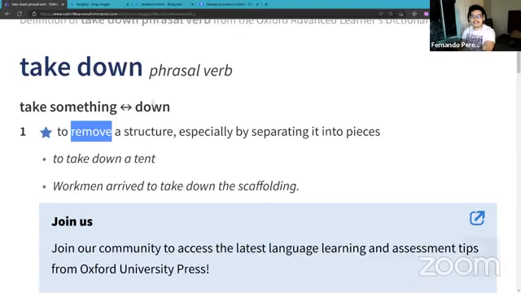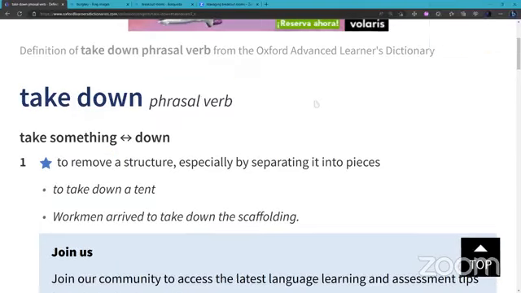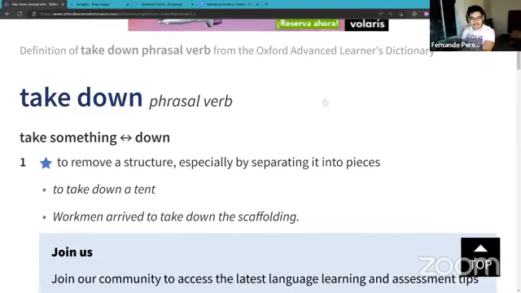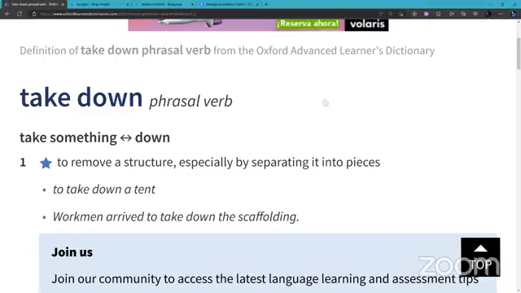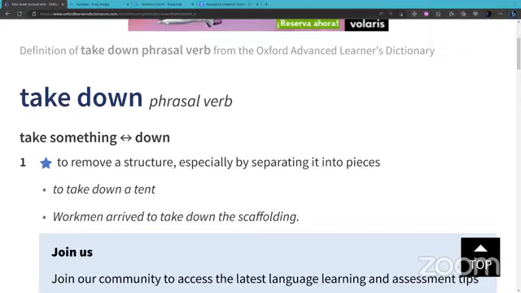If you are finding a phrasal verb, a synonym doesn't need a full structure. Then to remove into pieces, just like that. Yes, a synonym definitely doesn't need all that information.